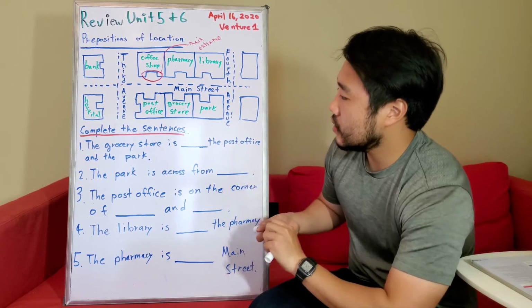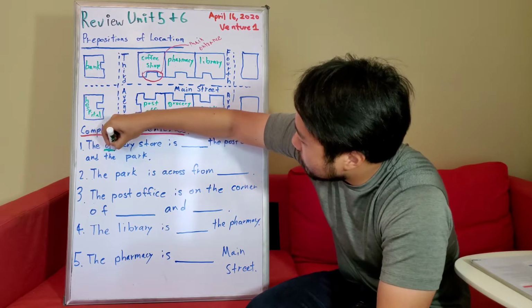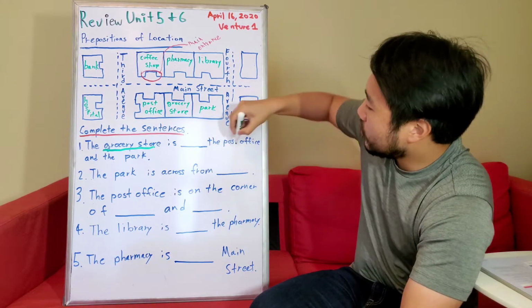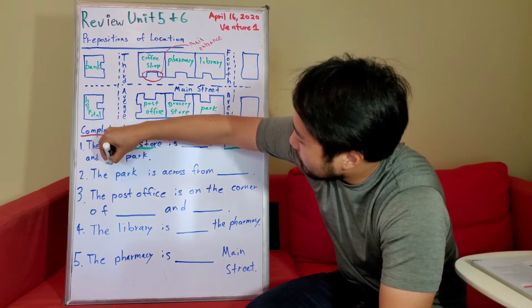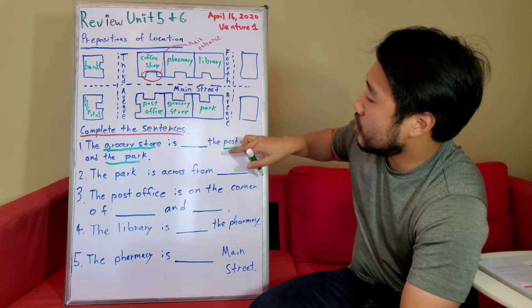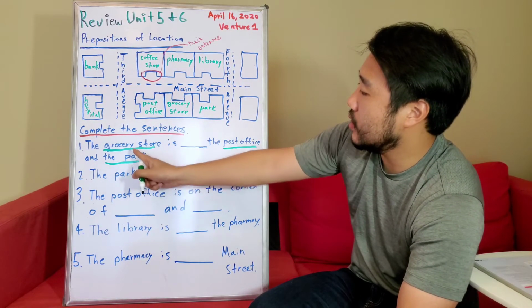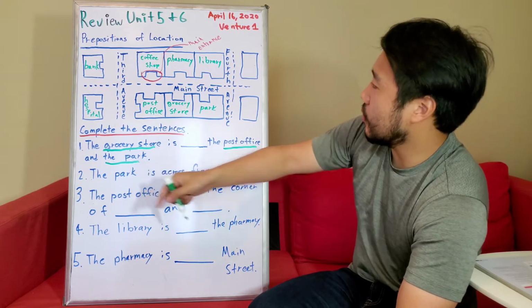In this sentence, we see the grocery store is blank, the post office, and the park. I don't know what I need to put in the blank yet, but I need to see where the grocery store, the post office, and the park are, okay?